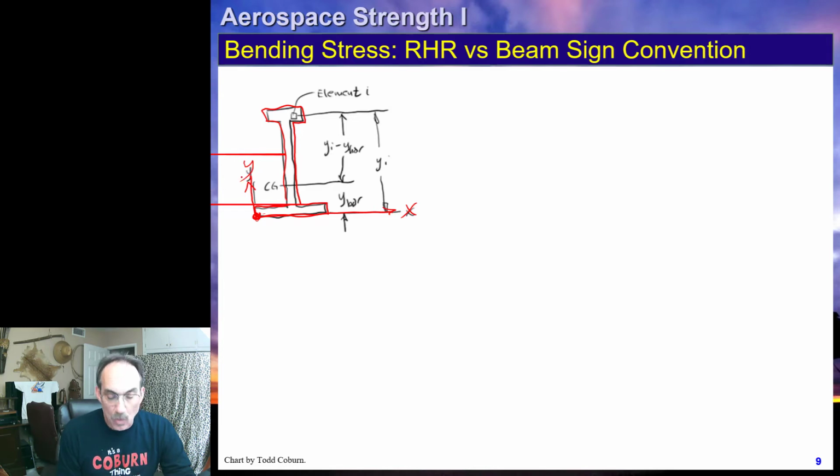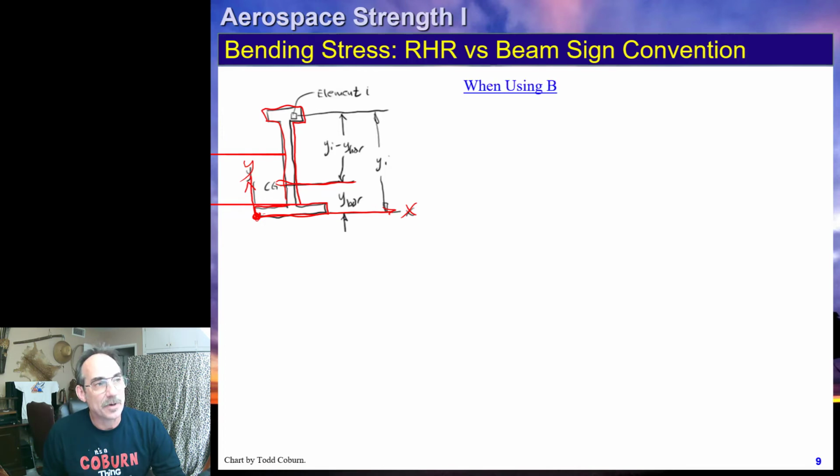Now you'll notice y is no longer defined from the neutral surface. So in order to calculate our stress, we're going to need to first find the neutral axis and then calculate the distance from it. That sets us up to write these equations.